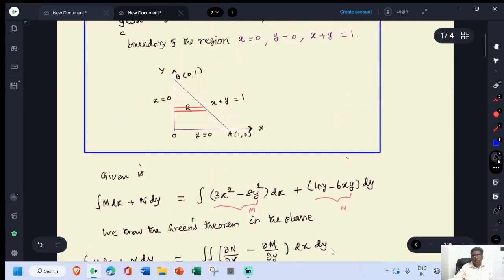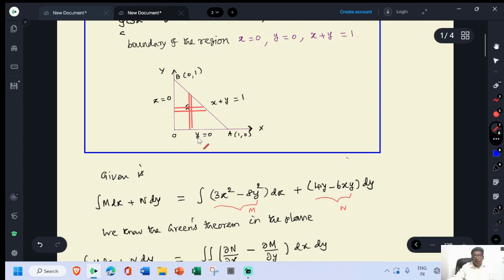To find the lower and upper limits of y, draw a strip parallel to the y-axis, say from the bottom, that means from the origin. The lower end, this is the lower limit, touches the y = 0 line.